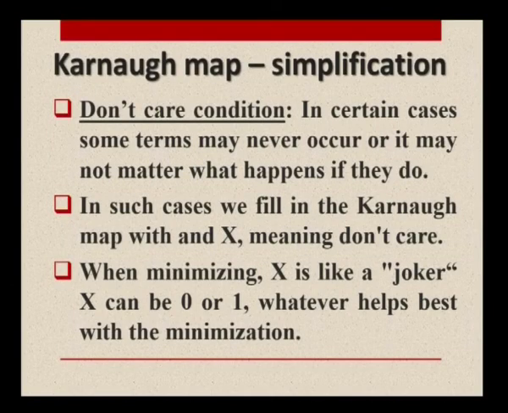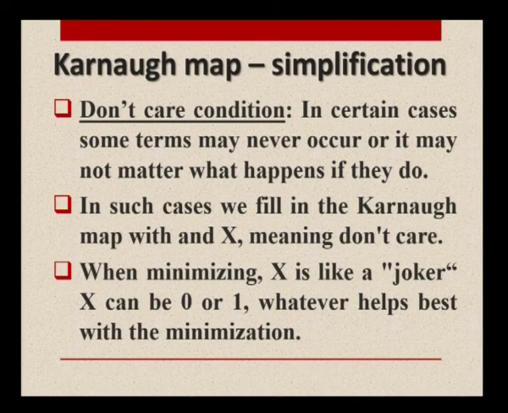Now, how do we write the final expression? As I said, we consider the maximum groupings for writing the final expression. And we have one more interesting case, called the don't care condition. In certain cases, some terms may never occur or it may not matter what happens if they do. In such cases, we fill in the Karnaugh map with the term x. Here x means don't care.